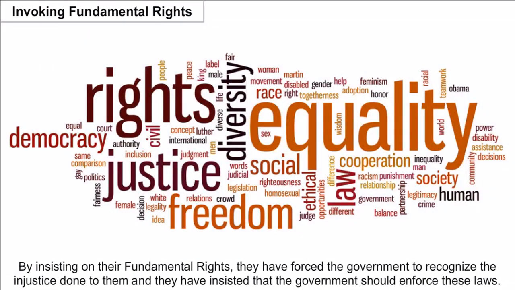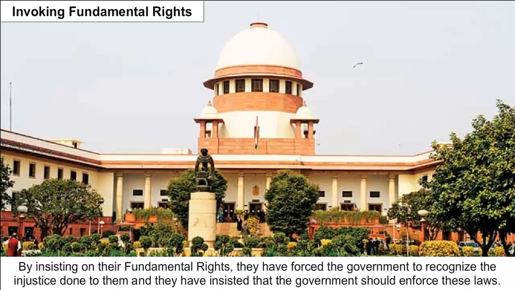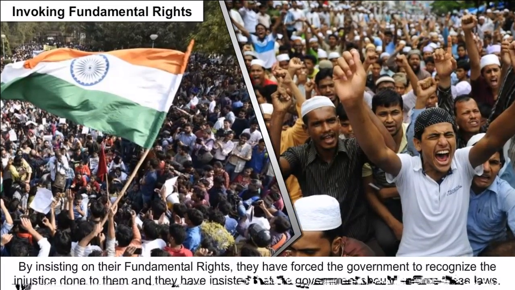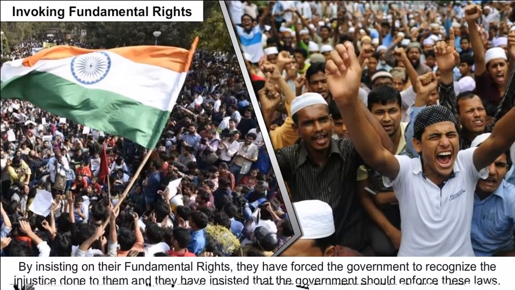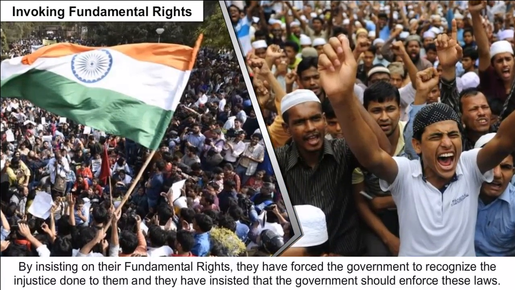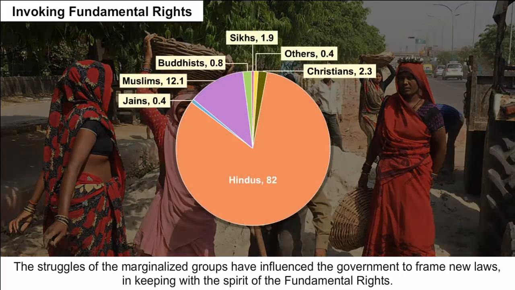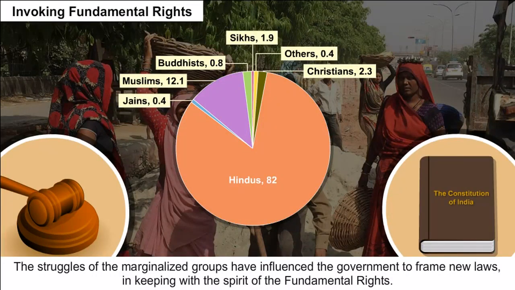By insisting on their fundamental rights, they have forced the government to recognize the injustice done to them, and they have insisted that the government should enforce these laws. The struggles of the marginalized groups have influenced the government to frame new laws, in keeping with the spirit of the fundamental rights.